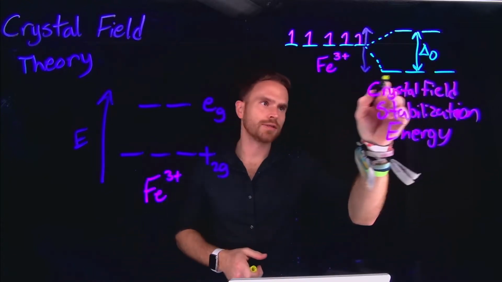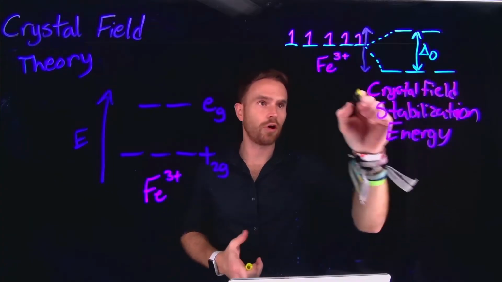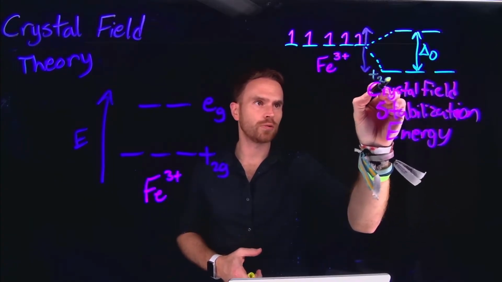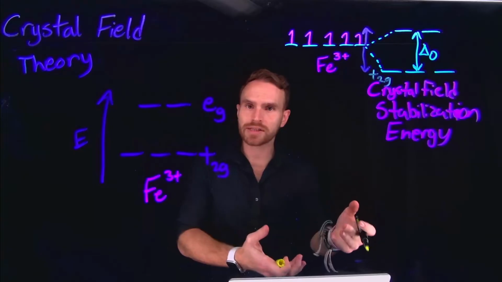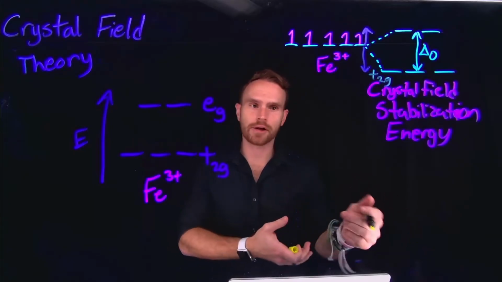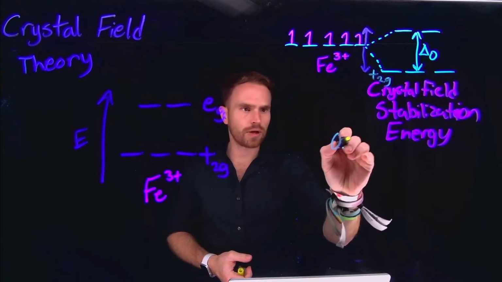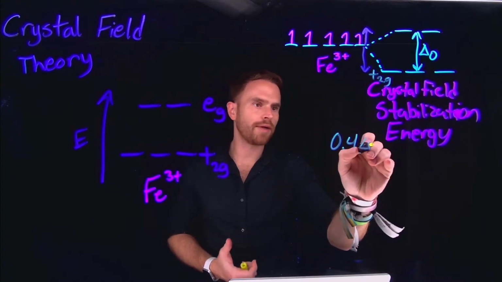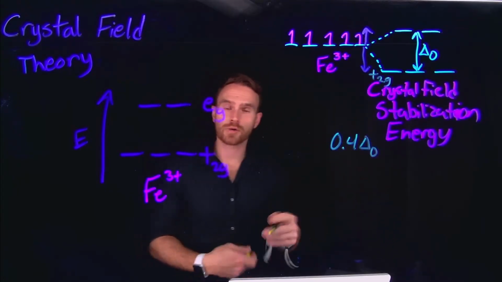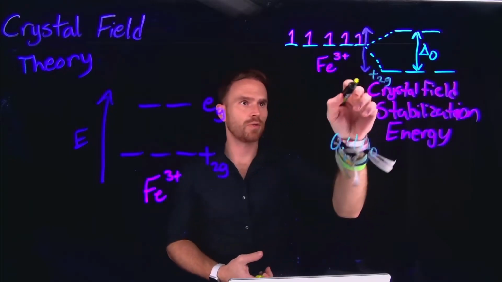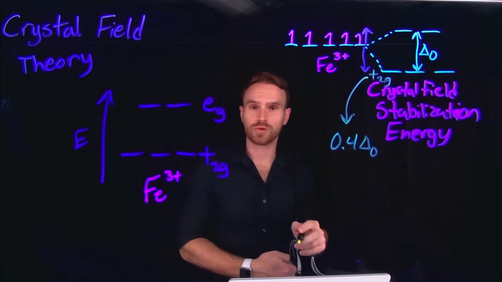So electrons that populate these what are called t2g orbitals are experiencing a stabilization or a lowering in energy that corresponds to 0.4 of whatever that octahedral splitting energy is. So that corresponds to these t2g orbitals.